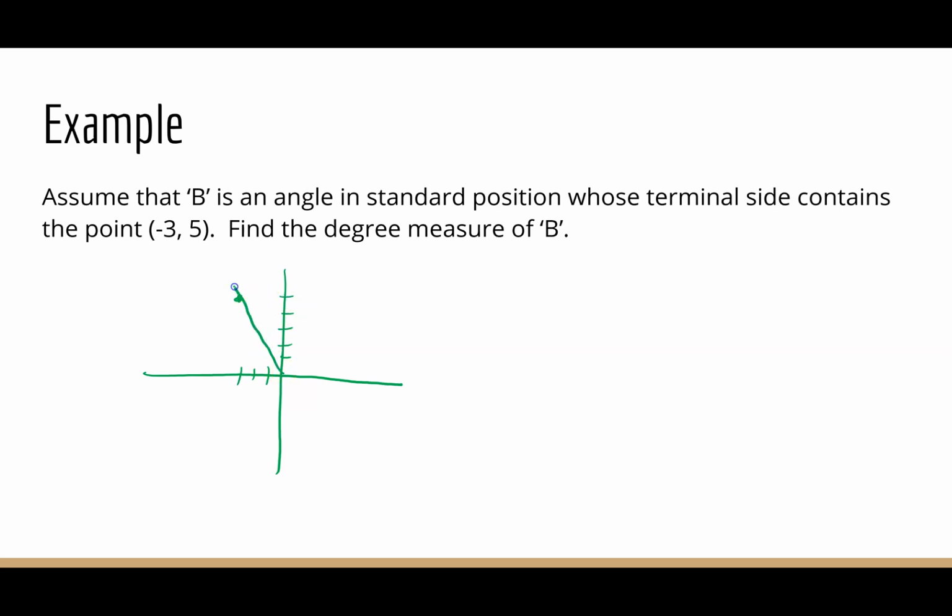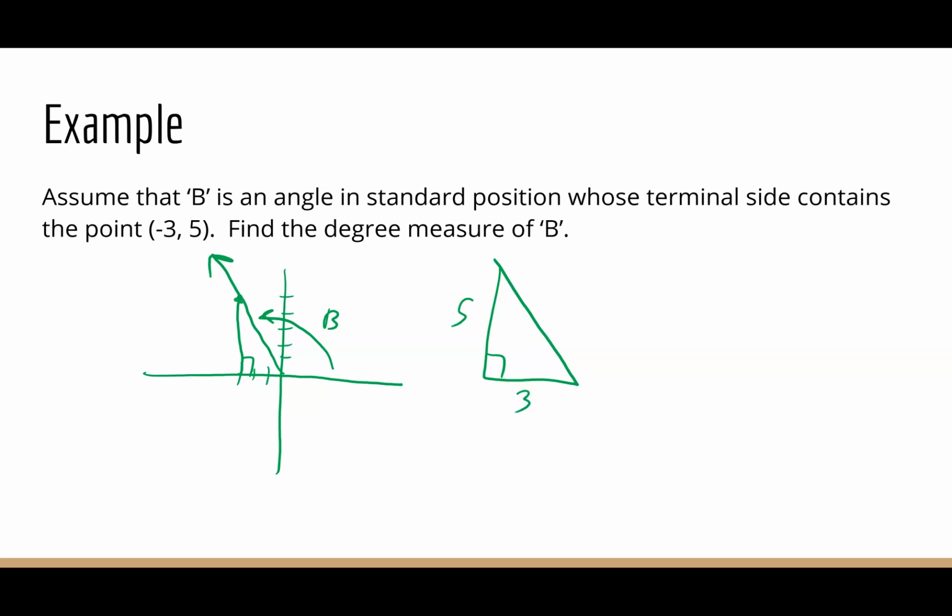So that's the terminal side of the angle. This is the angle B. So we're finding the angle B. Now, the way we're going to do that is we are going to drop down a line, make a right triangle. So my right triangle has a height of 5 and a width of 3.